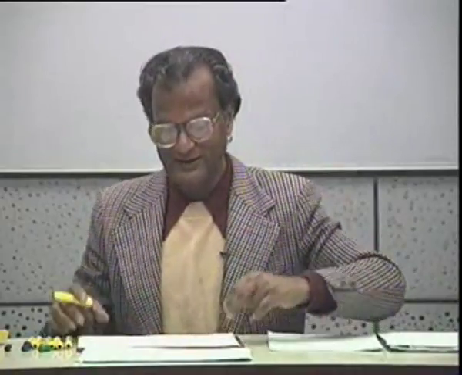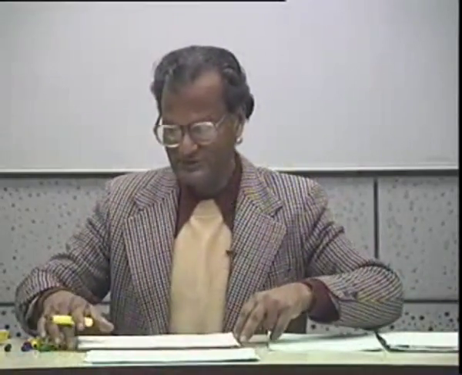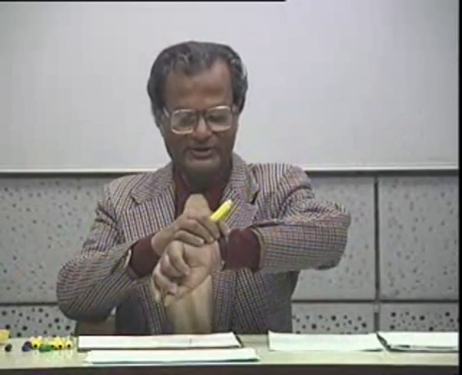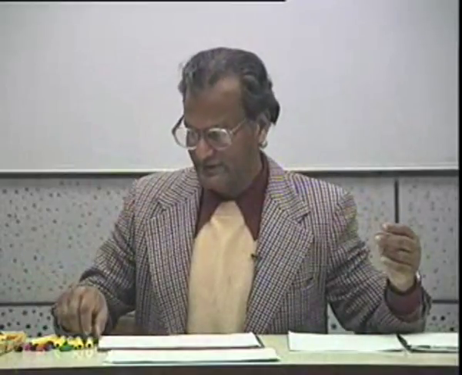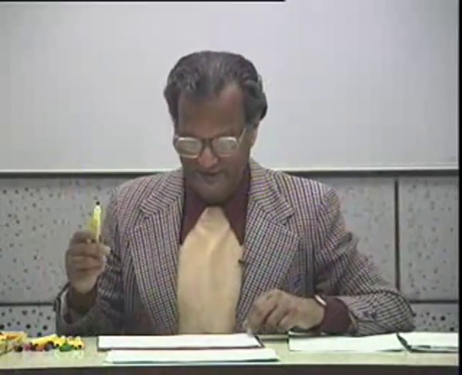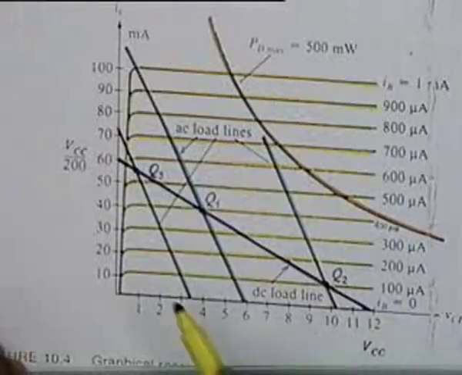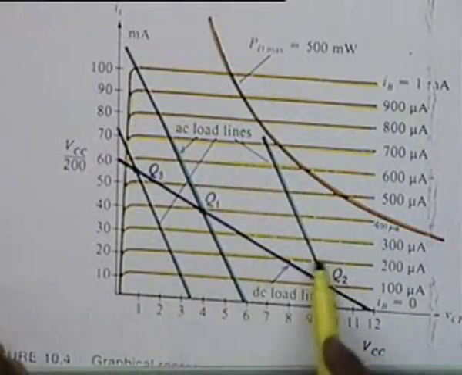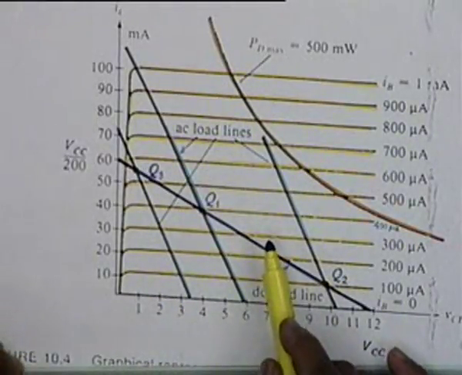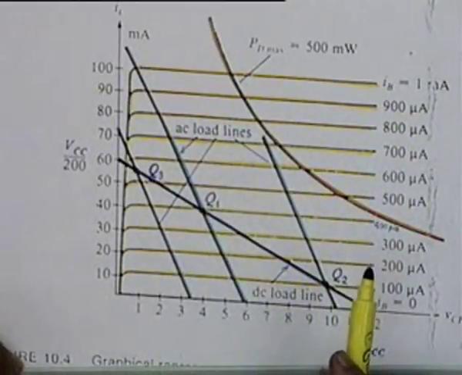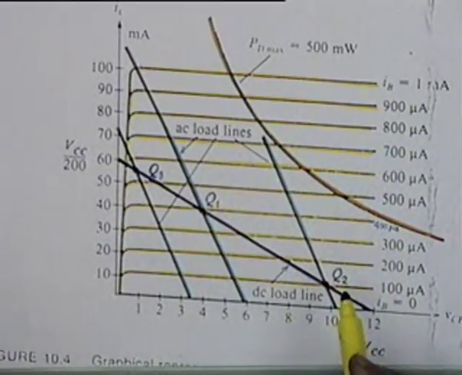Now let us look at this figure, which shows the limits on operation of the common emitter transistor amplifier. These are the transistor characteristics, the light yellow shaded curves, typical BJT characteristics.